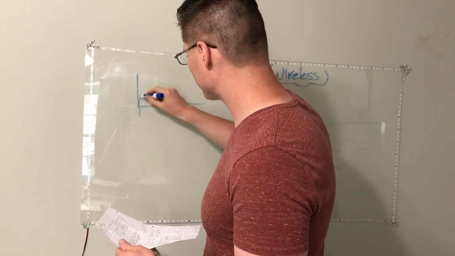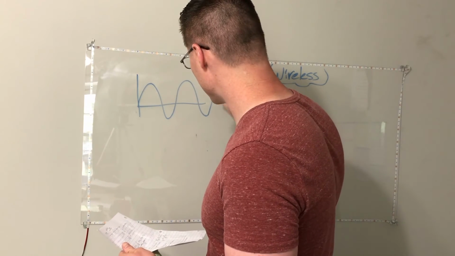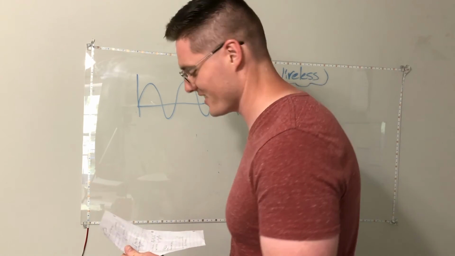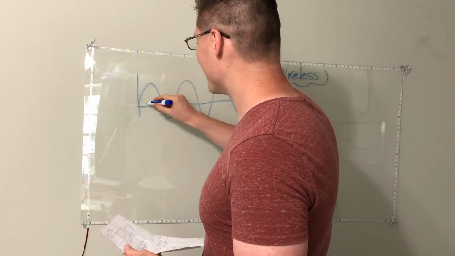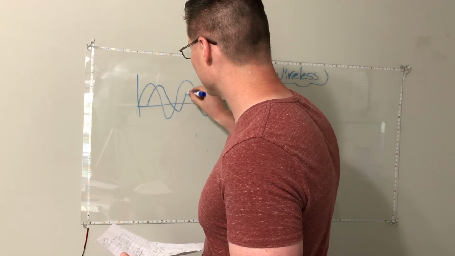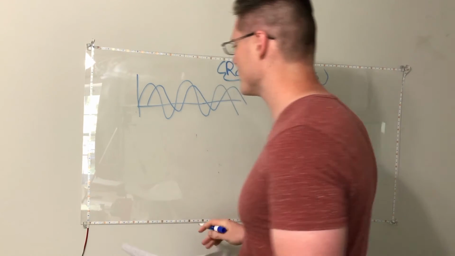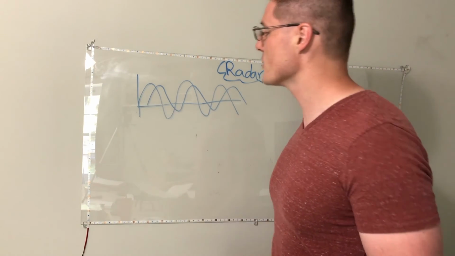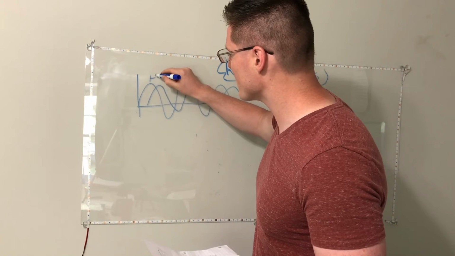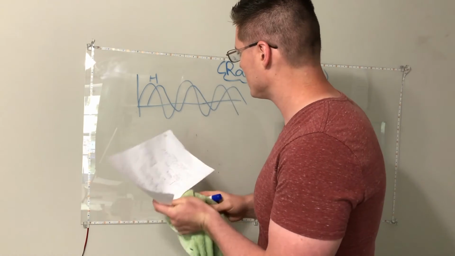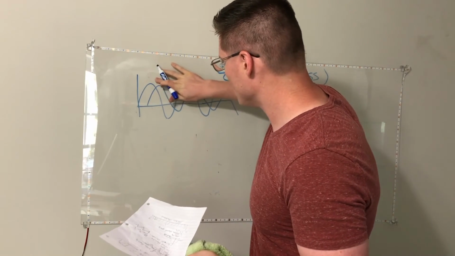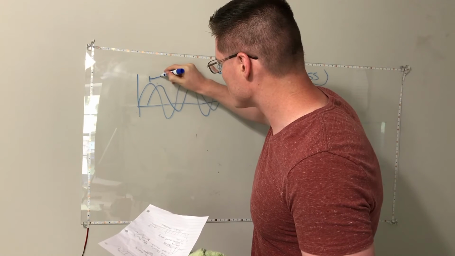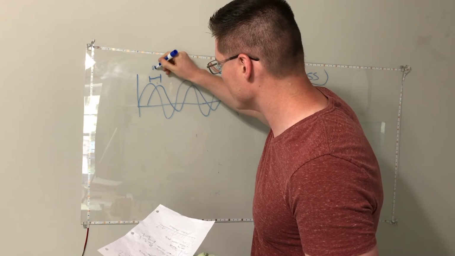So once again, just assume that's a sine wave. Perfect, right? And then we have a second one. Let's say that's another sine wave. Once again, it's supposed to be a uniform sine wave, but it's shifted. What we call that is the phase shift. Let's say it's phase shifted 90 degrees.